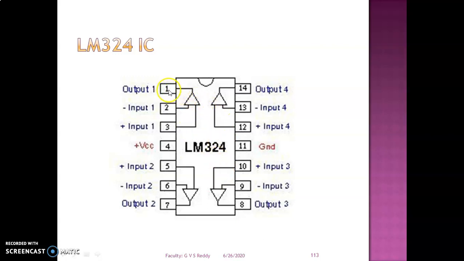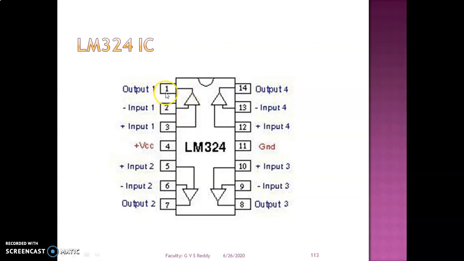Here pin numbers 1, 2, 3 represent one operational amplifier, and pin numbers 5, 6, 7 another operational amplifier, and pin numbers 14, 13, 12 one operational amplifier, pin numbers 10, 9, 8 another operational amplifier. 4 operational amplifiers are present within the LM324 IC.